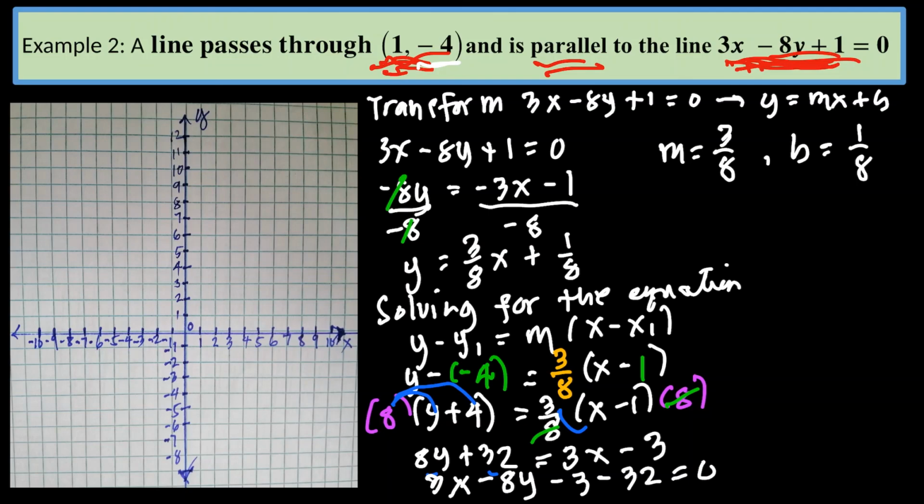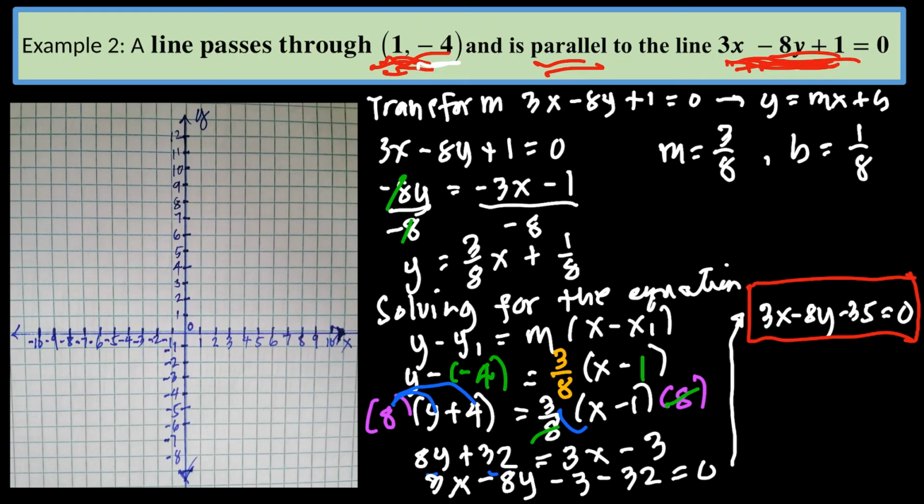Simplifying this further, we have 3x minus 8y, and negative 3 minus 32 is negative 35, equals 0. So this is the equation of the line that passes through (1, -4) and is parallel to the line 3x minus 8y plus 1 equals 0.